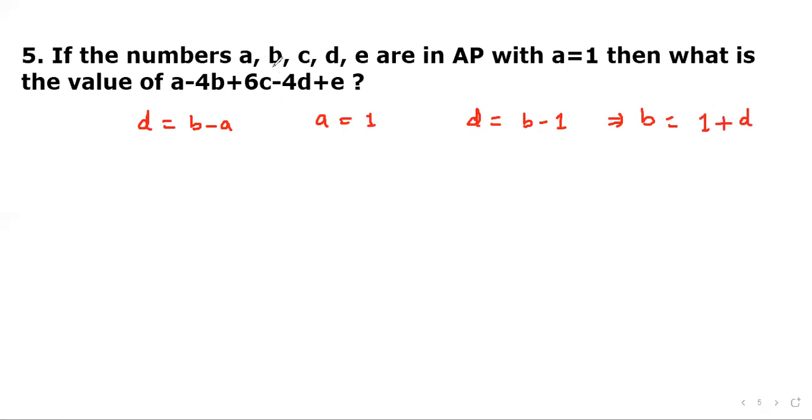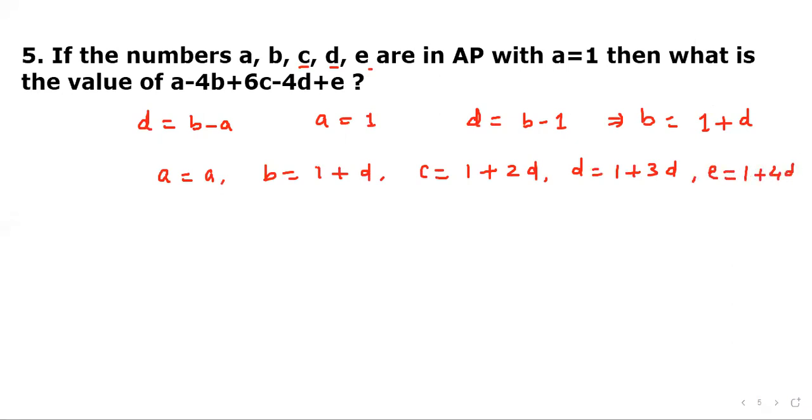So we can write value of c, d, e, etc. So a is 1, b is 1 plus d, c will be 1 plus 2d, d will be 1 plus 3d, and e will be 1 plus 4d. Now we can put this value here to get answer. So a minus 4b plus 6c minus 4d plus e.